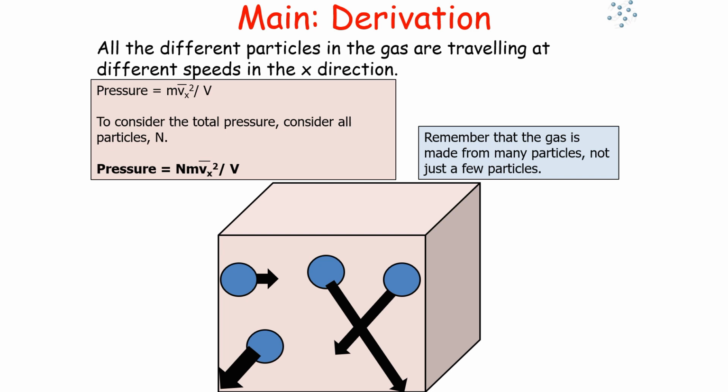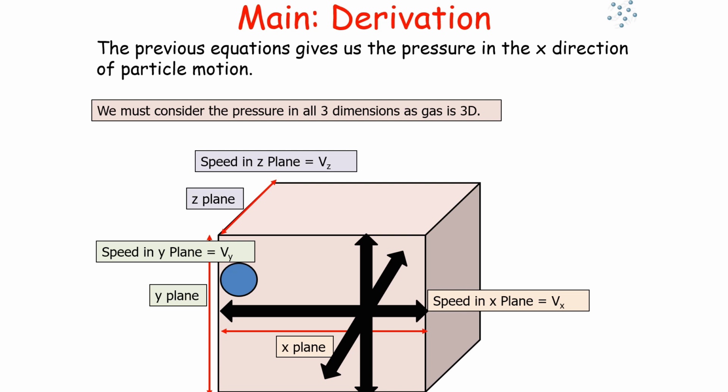So the pressure now is going to be big N, the number of particles, times m over V, v hat x squared divided by the volume. Now that's just in one plane, that's just in the x plane. But remember, we've got to consider the pressure in all three dimensions because gas is 3D. It's in the z plane, it's in the y plane, and it's in the x plane.